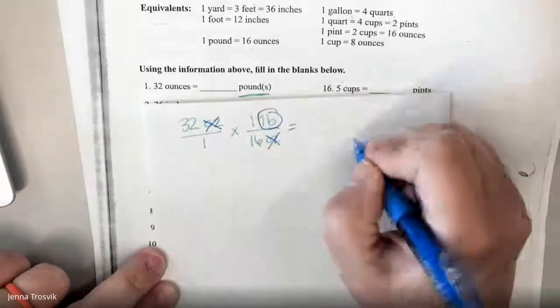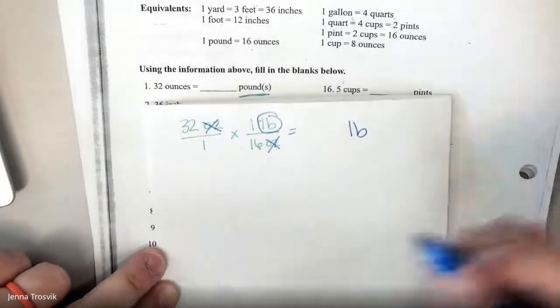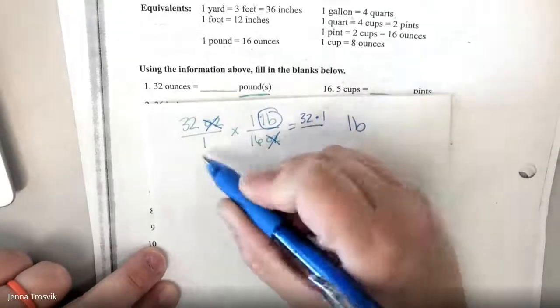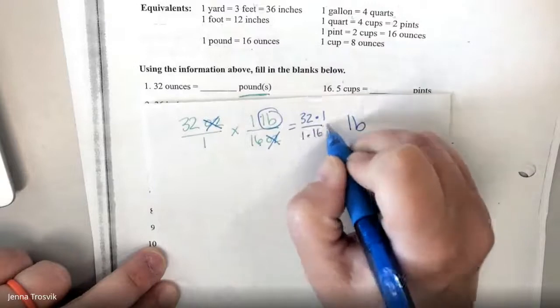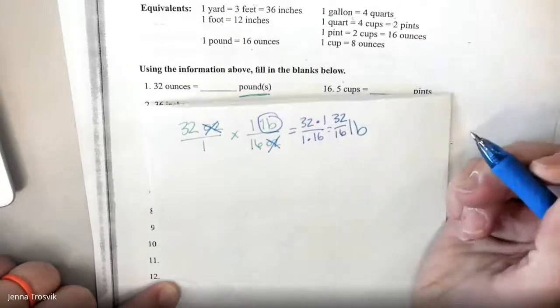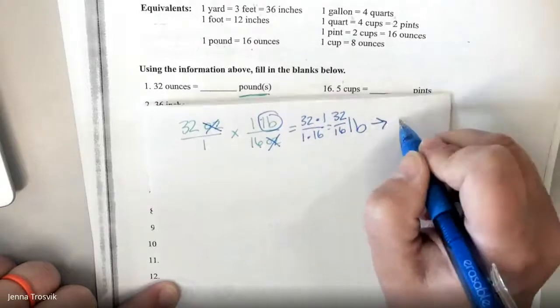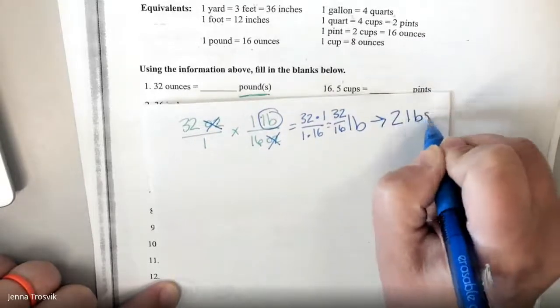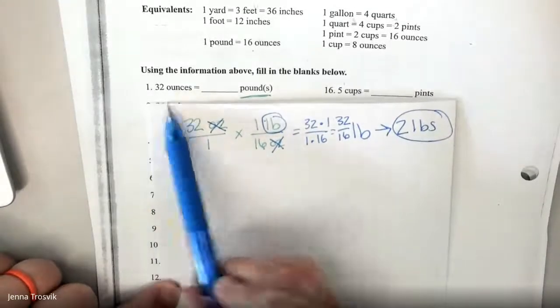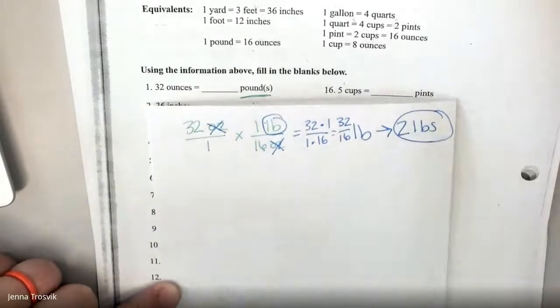My answer of pounds is going to be in my answer. I have 32 times 1 on top and 1 times 16 on the bottom, which leaves me with 32 divided by 16, which converts into 2 pounds. So if I have 32 ounces of hamburger, I really have 2 pounds of hamburger.